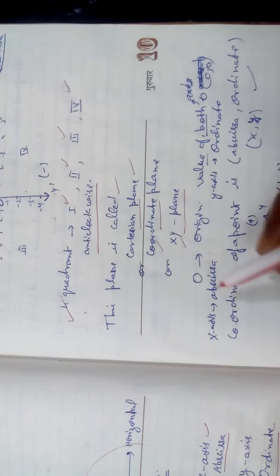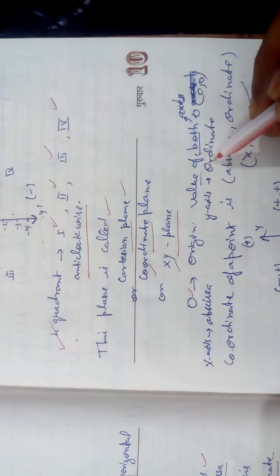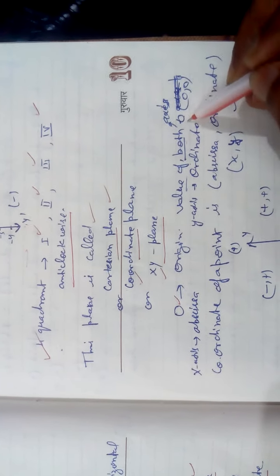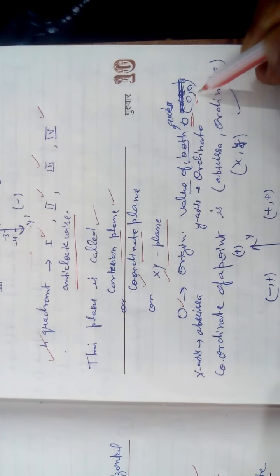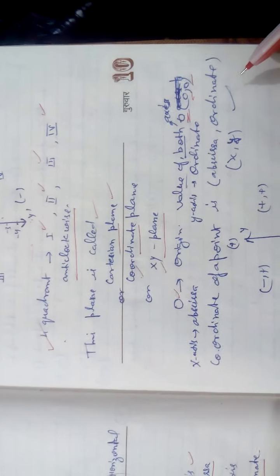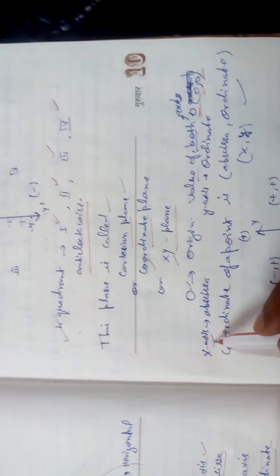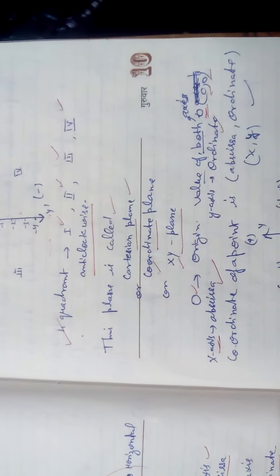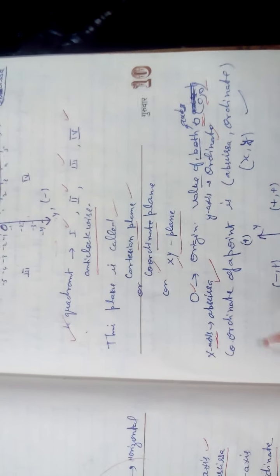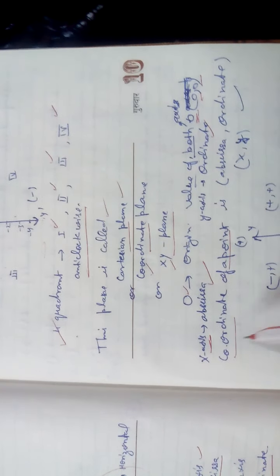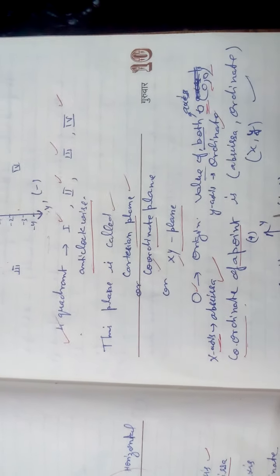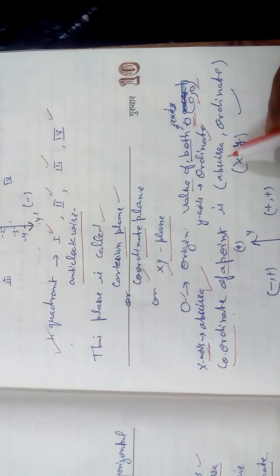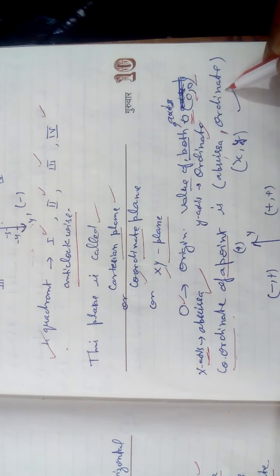Where the axes intersect is called the origin. The value of both axes at the origin O is 0: x will be 0 and y will be 0. The x value is called the abscissa, the y value is called the ordinate. The coordinates of any point, the location of any point, is always in the form of abscissa, ordinate.